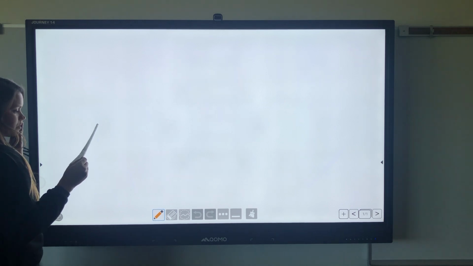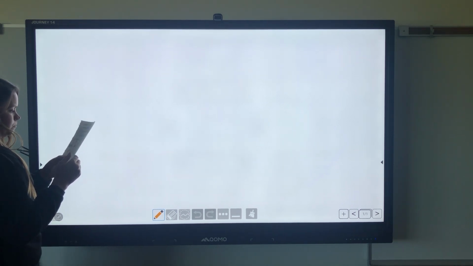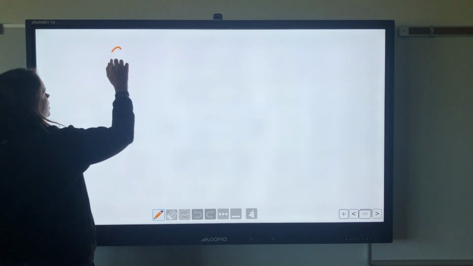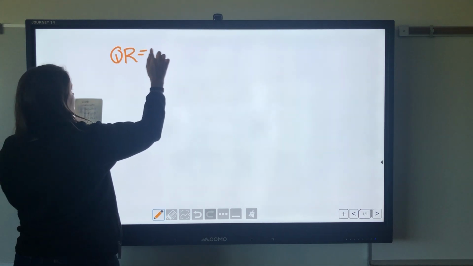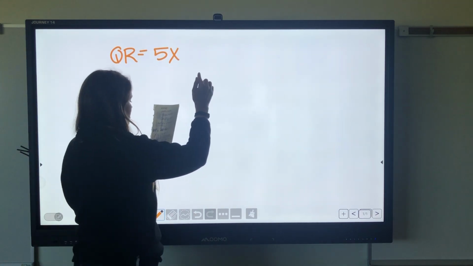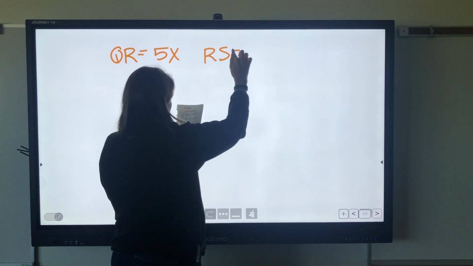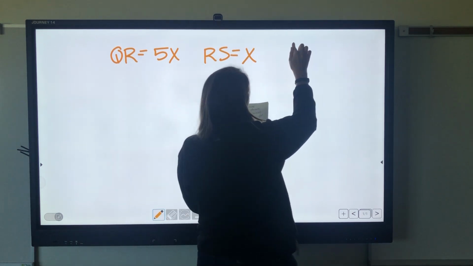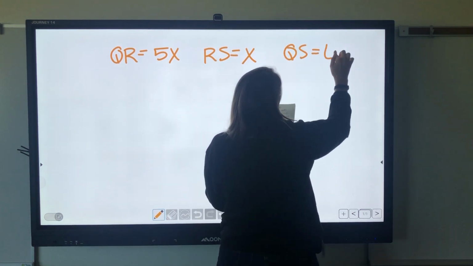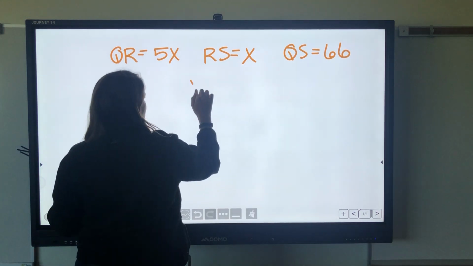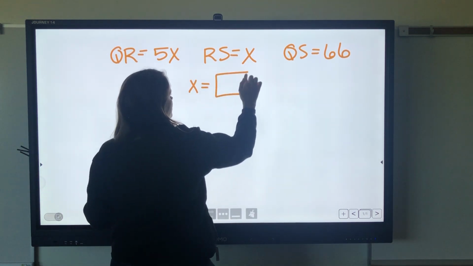Let's talk about this one. If they say QR is 5x, RS is x, QS is 66. And they want to know what x is.